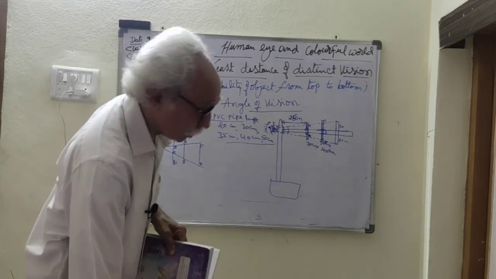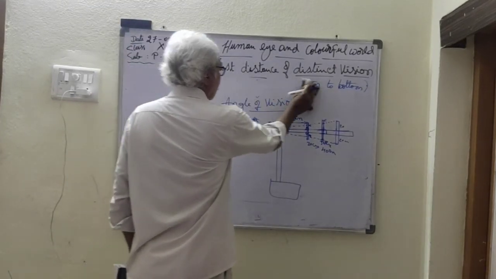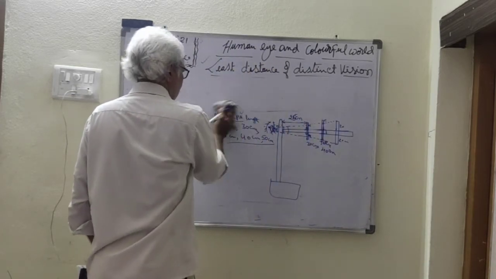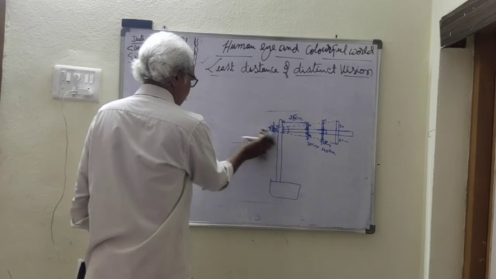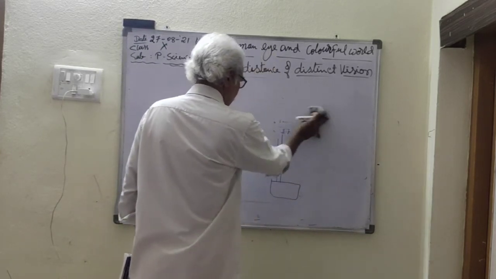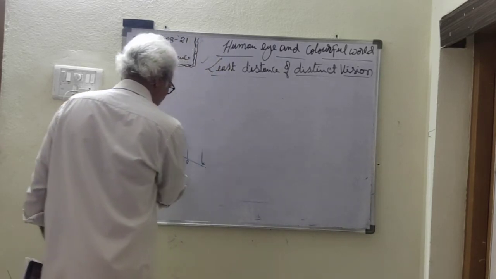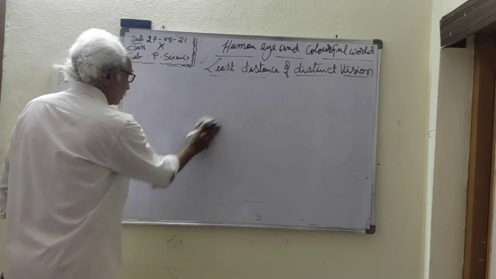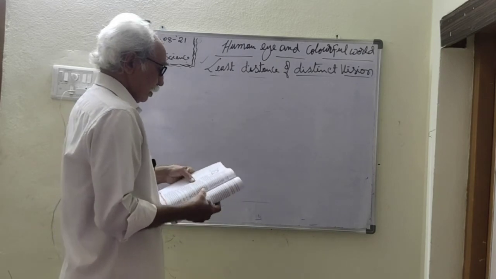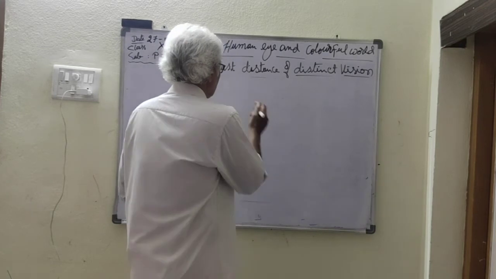So the eye is the most important sense organ for the living being. The eye is an almost ball-like structure.